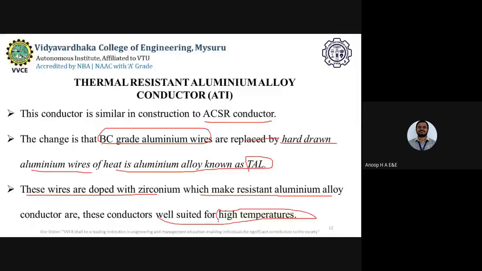So there will be an increase in the heat energy generated and in the value of the temperature. With the increase in temperature, the conductor may get deteriorated.